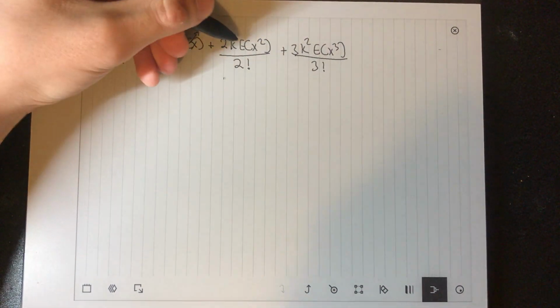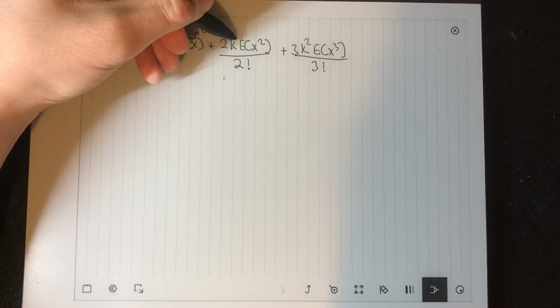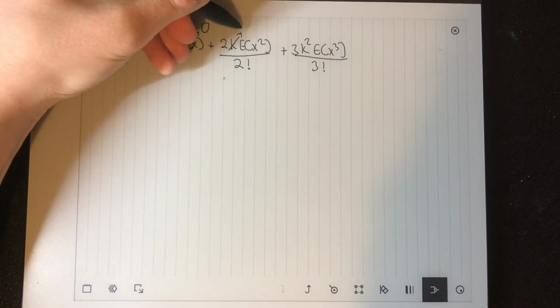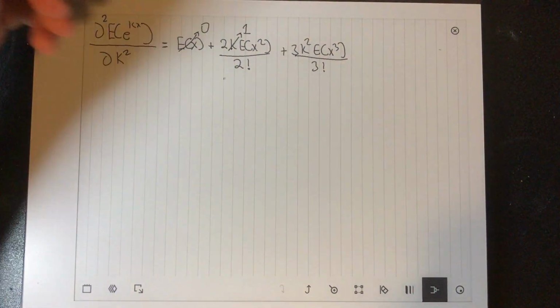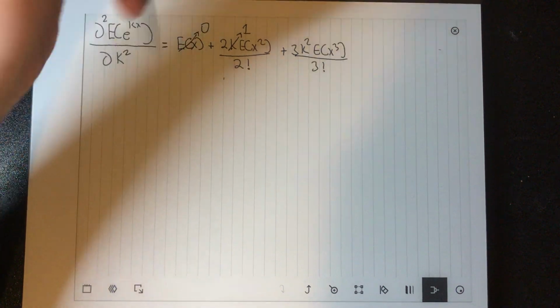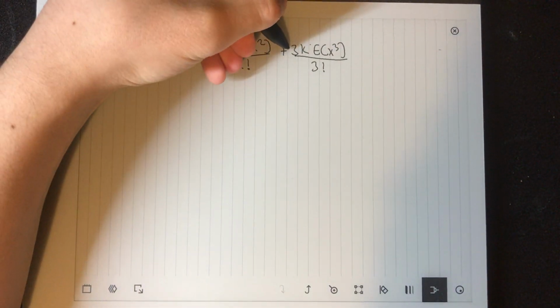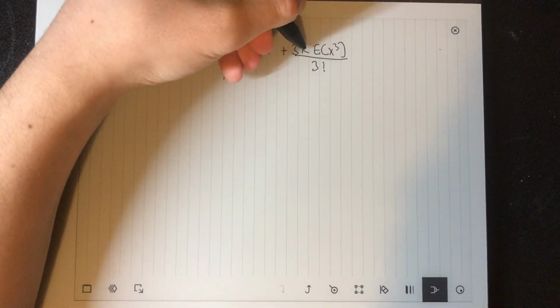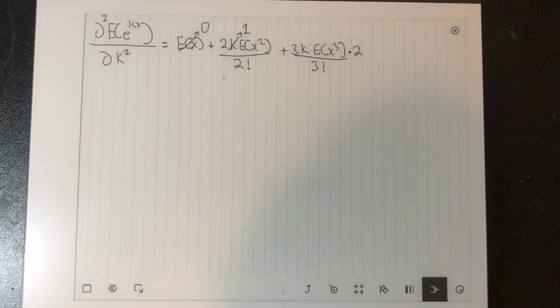And over here, that k will consequently disappear. Or rather, sorry, not disappear, it will be equal to 1. And over here, once we take the second derivative, we'll be left with 2 multiplied by 2. And this is the second derivative with respect to k.